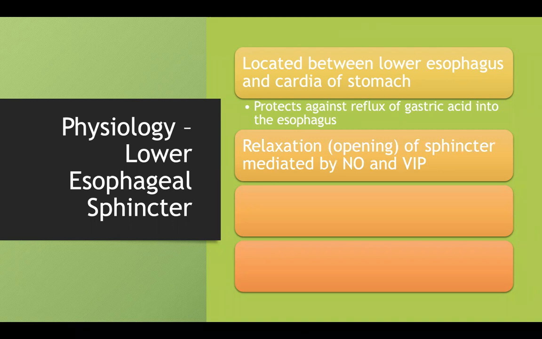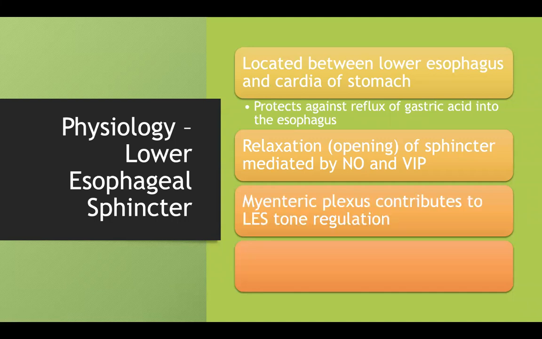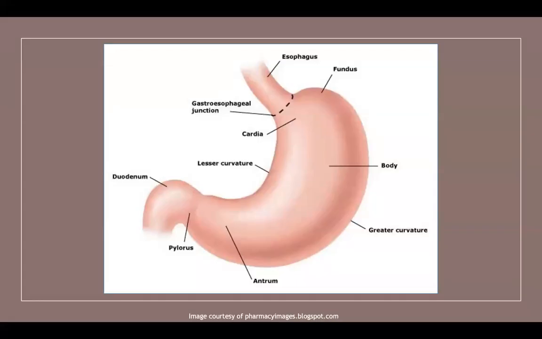And this relaxation is mediated by nitric oxide and VIP. Okay, so two different compounds that help mediate the relaxation or opening of the sphincter. And with both of these, the myenteric plexus can regulate the tone. So I'll show you what that looks like. We have our stomach here, and we have our lower esophageal sphincter.